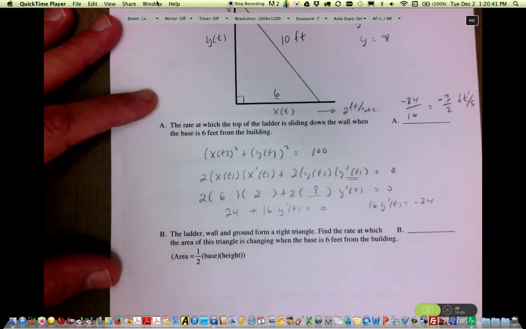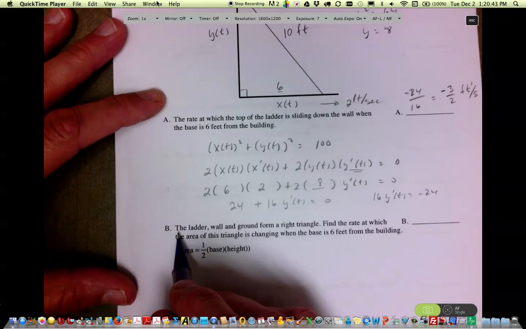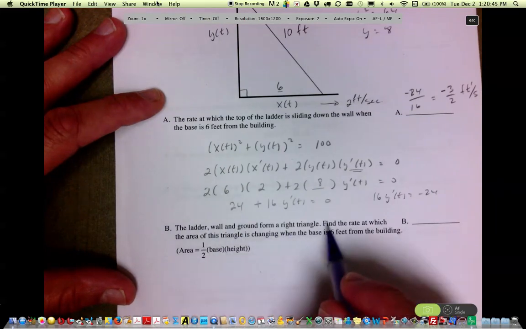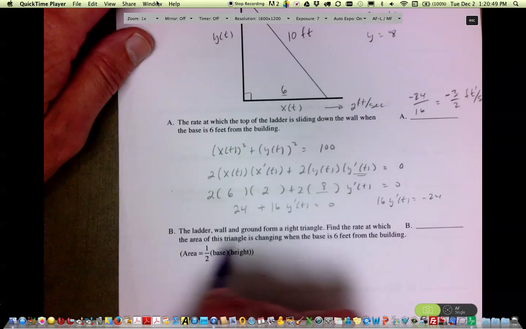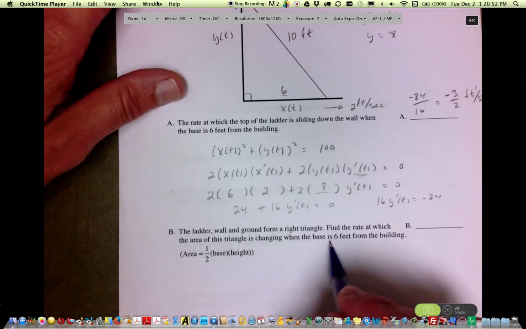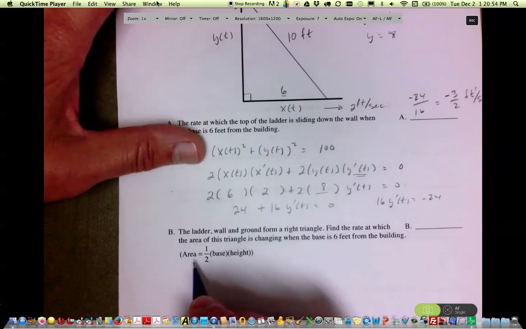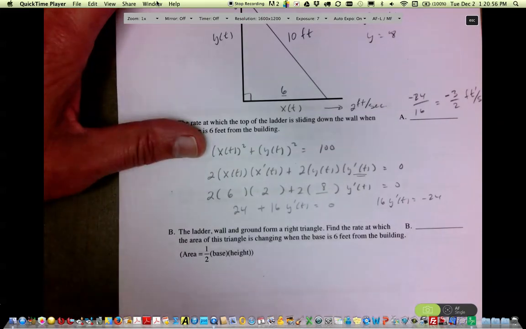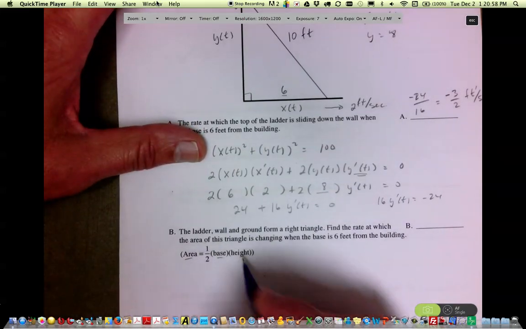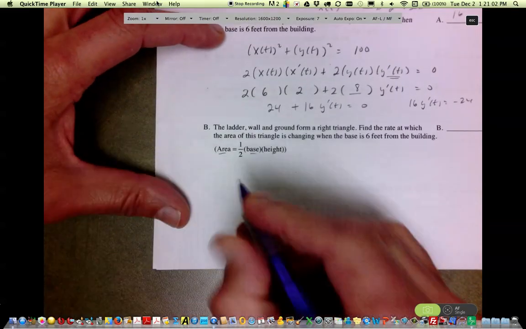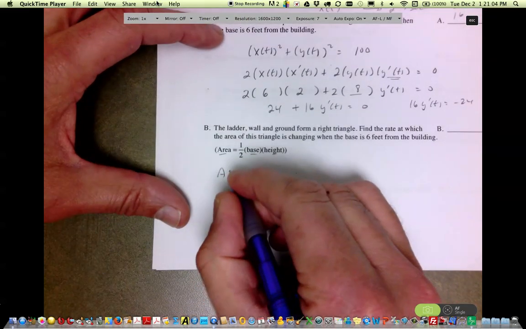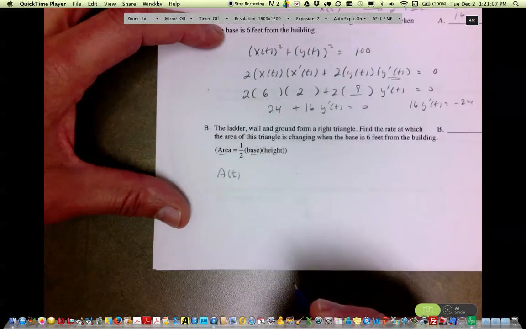Then the next question: the ladder, the wall, and the ground form a right triangle, the triangle up here in the picture. Find the rate at which the area of the triangle is changing when the base is 6 feet from the building. Area is equal to 1/2 base times height, but remember the area is changing with time.